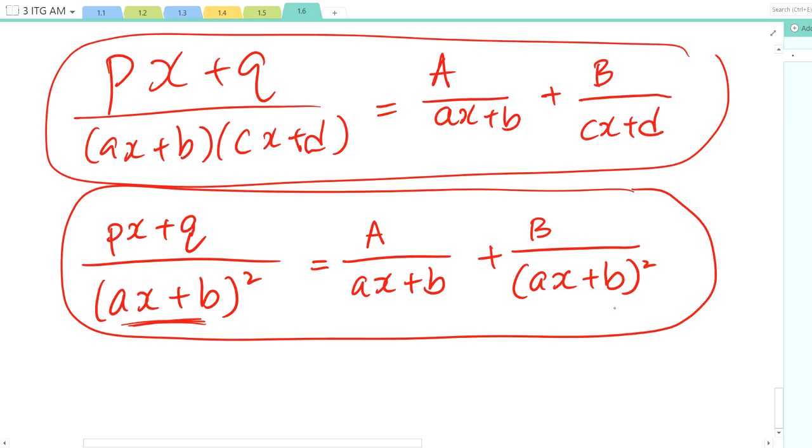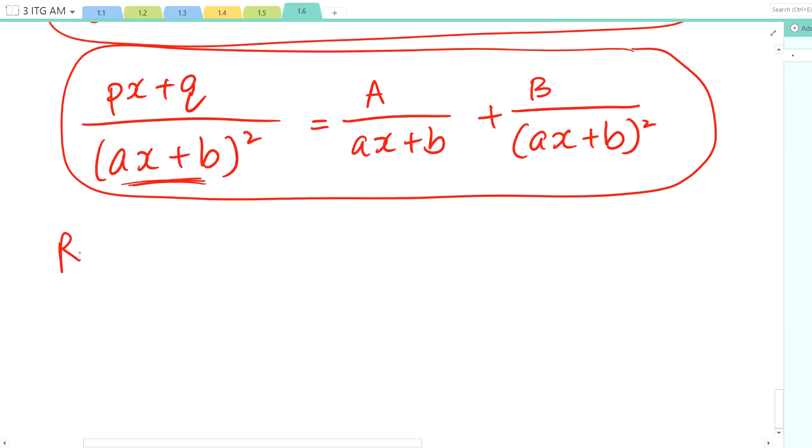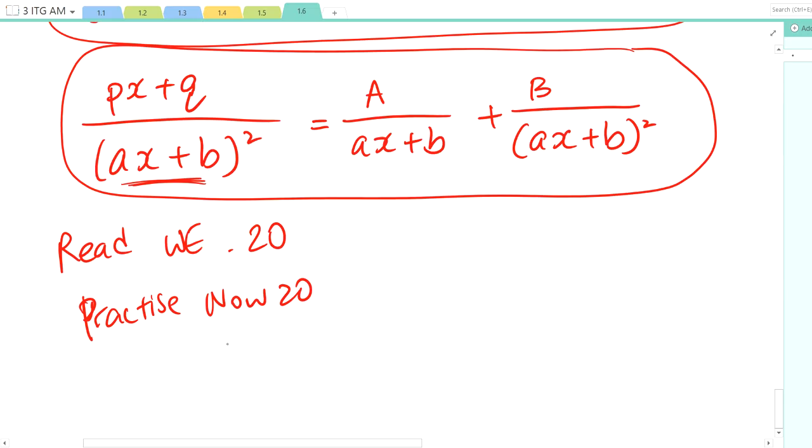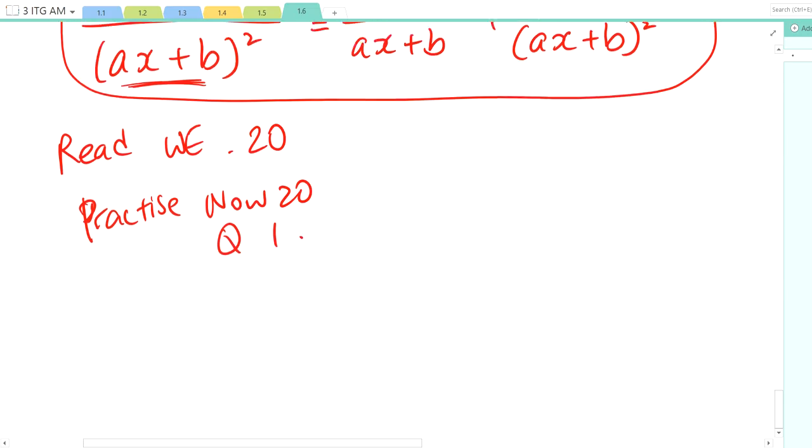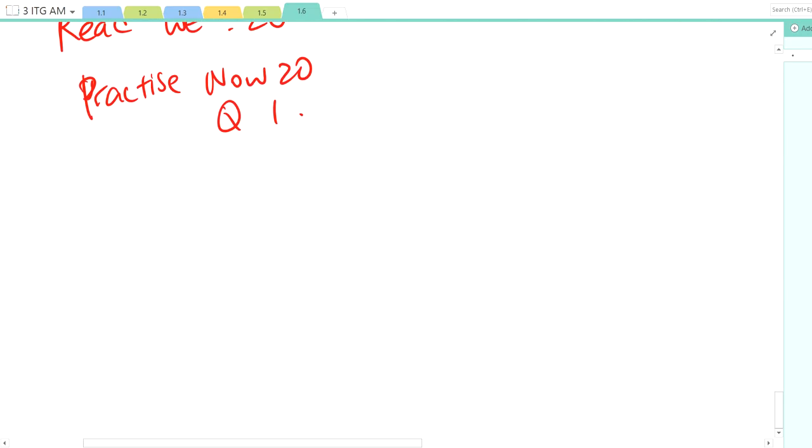So you're going to read work example 20 while I do practice now 20 question 1. Okay, so this is the question for question 1. Express in partial fractions 5 minus 15x over 2x plus 1 squared.